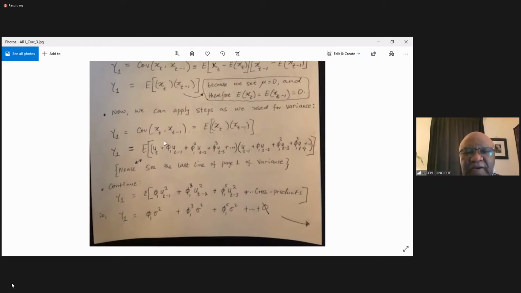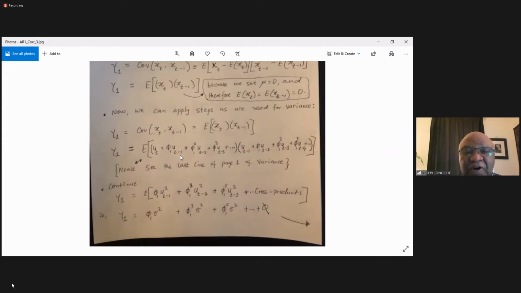I just start here. So phi1 ut minus 1 times ut minus 1. It will be phi1 ut minus 1 squared because I'm multiplying ut minus 1 with itself. That's this one.